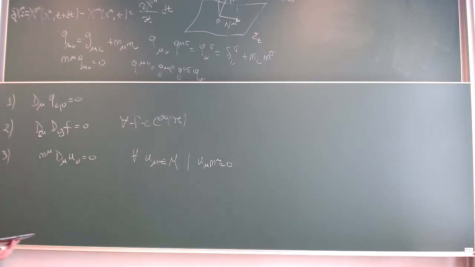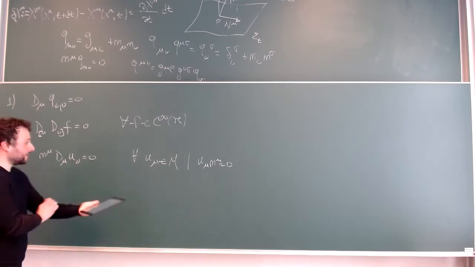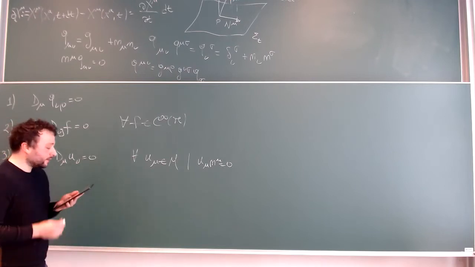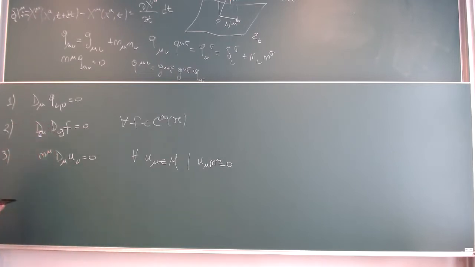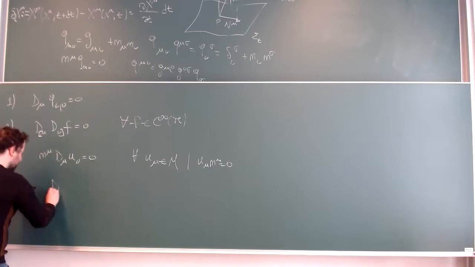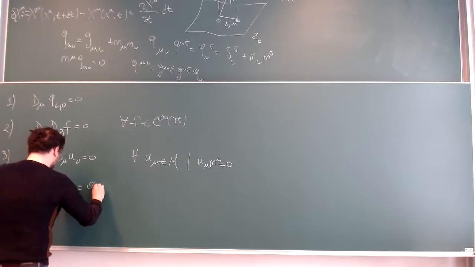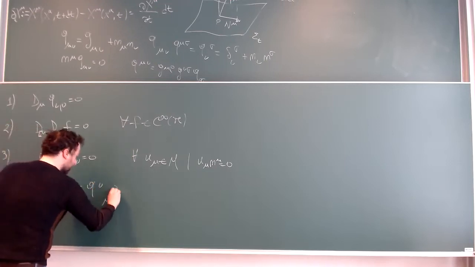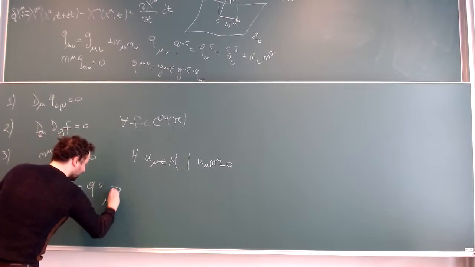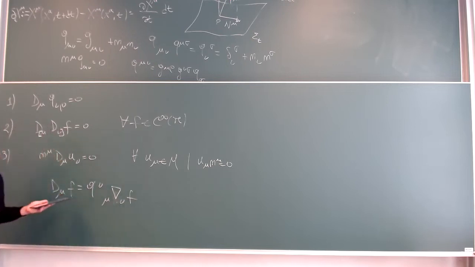Yeah, sure. So, the unique solution is that this D mu on a function has to be q mu nu nabla nu f for a function.